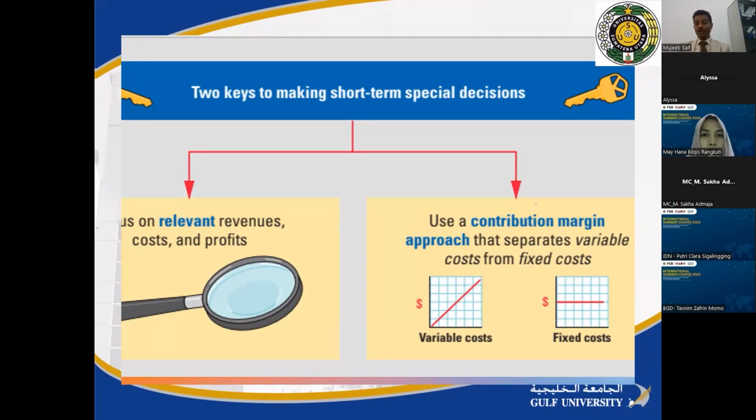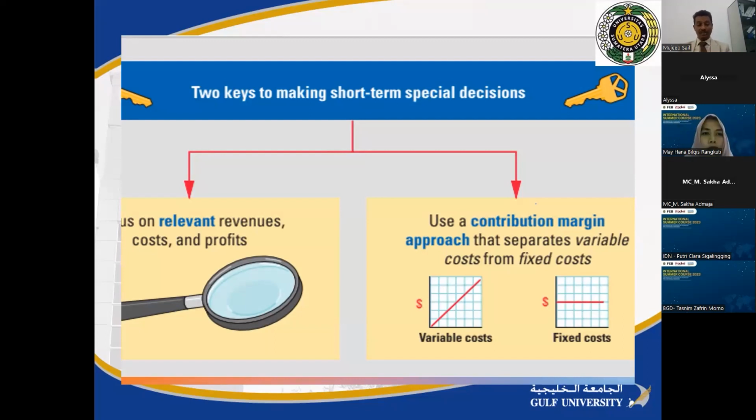Also, we can use the contribution margin approach to help us make a decision. For example, if you want to continue with a line or close this production line, or if you want to know how many units I should produce in order to achieve a target profit before tax or after tax, I should consider the contribution margin approach.